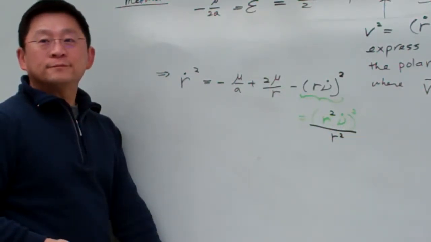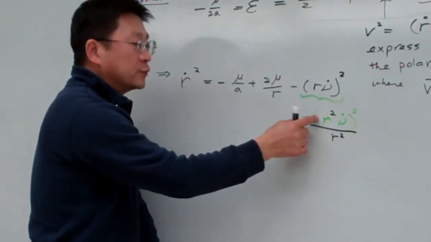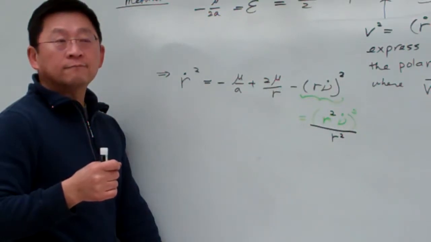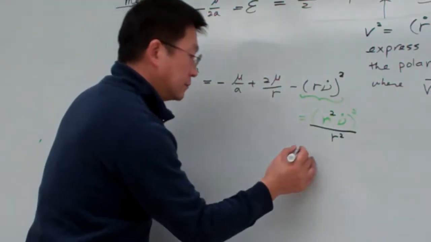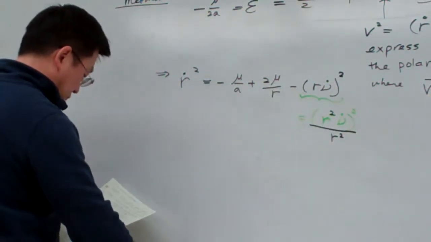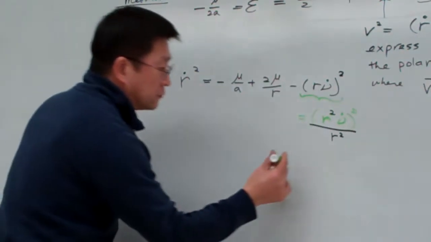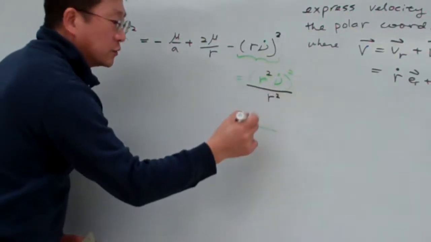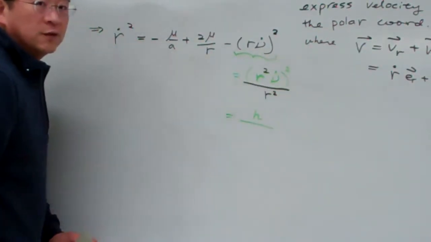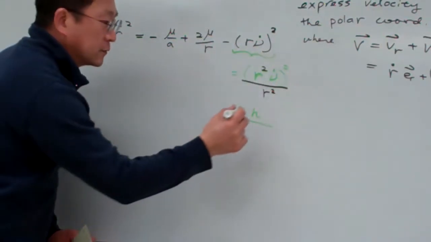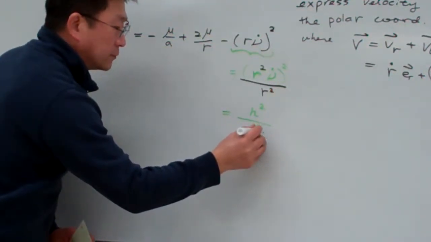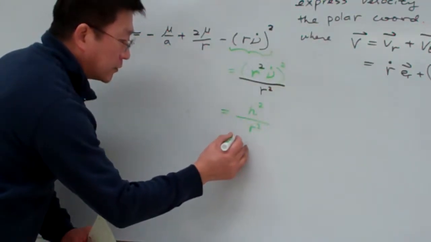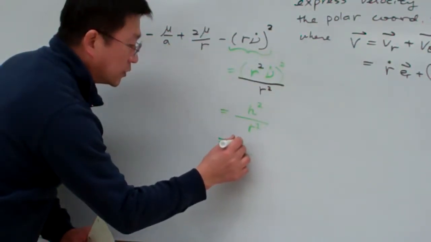You good? And why do I want to make up the terms inside the bracket like this? Because that's related to p. If you remember, r squared times nu dot is our h, the angular momentum. So that becomes this one. And angular momentum squared is equal to mu p.